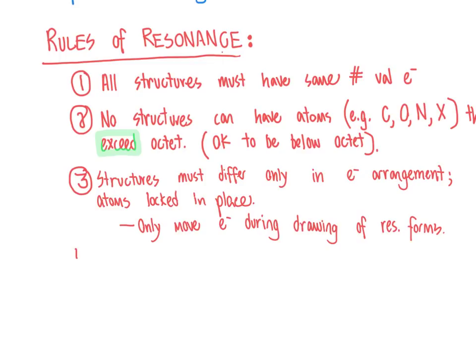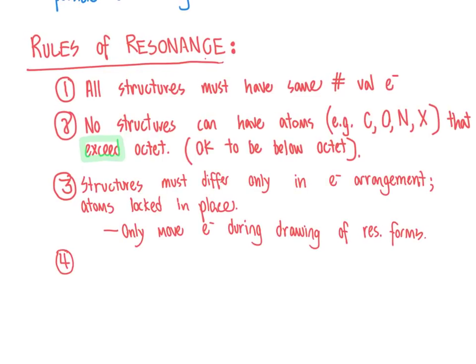And as a follow-up to that, keeping in mind that the atoms have to stay in one place, what that is going to mean to us is that the single bonds have to stay in one place as well. So when we're drawing resonance structures, the electrons that we're going to be moving are going to be the pi electrons and lone pair electrons, not the sigma bonds. The sigma bonds are the single bonds. So guideline number 4 for our rules of resonance is that the single bonds tend to generally be very, very stable.